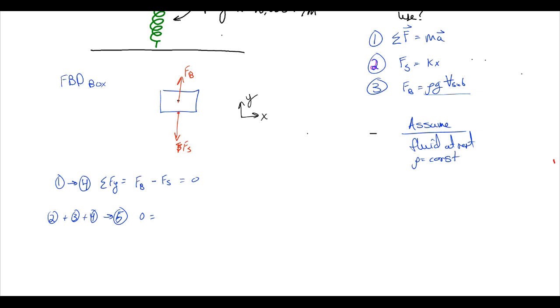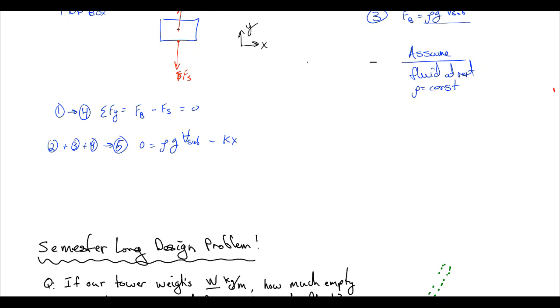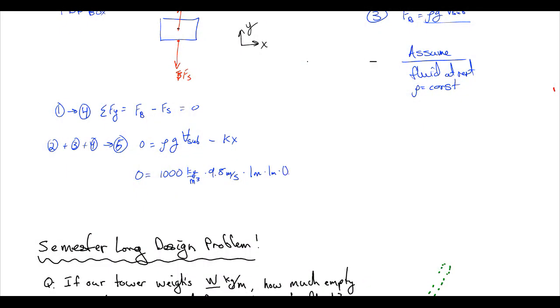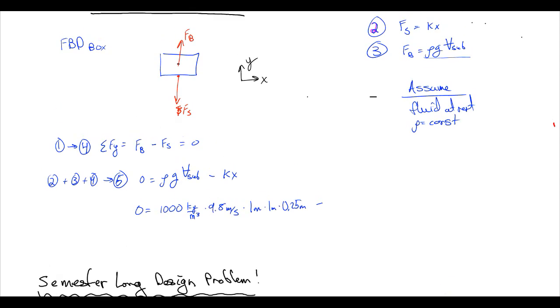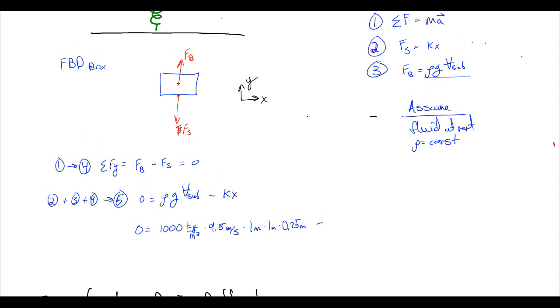And so we can plug in our numbers here. 0 is equal to 1,000 kilograms per meter cubed times 9.8 meters per second squared times our volume submerged, which is 1 meter times 1 meter times 0.25 meters, minus our spring constant, which is 10,000 newtons per meter, times x.